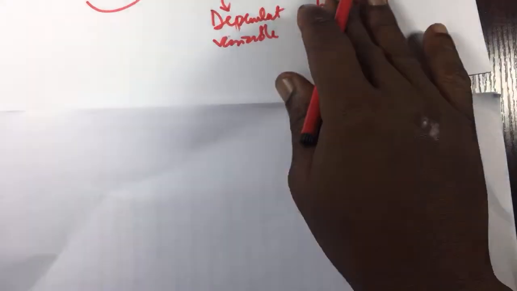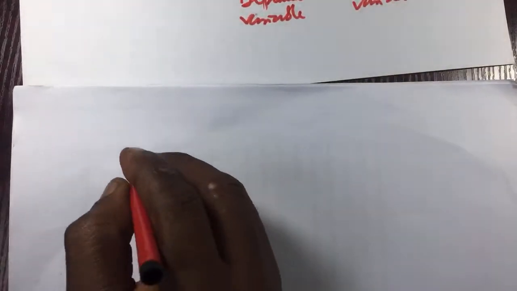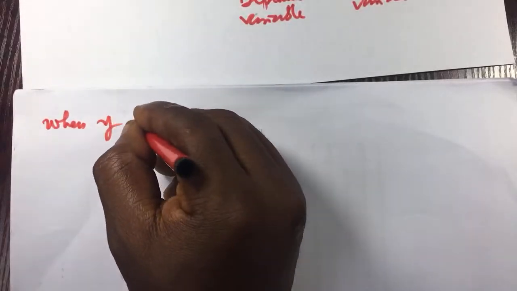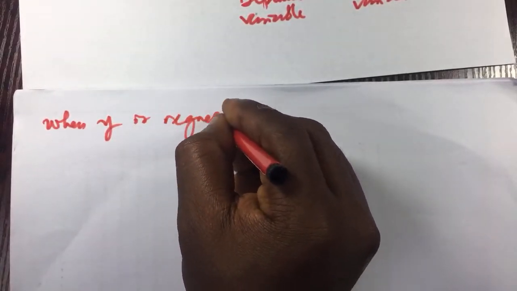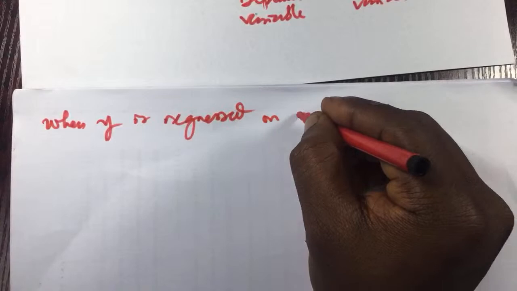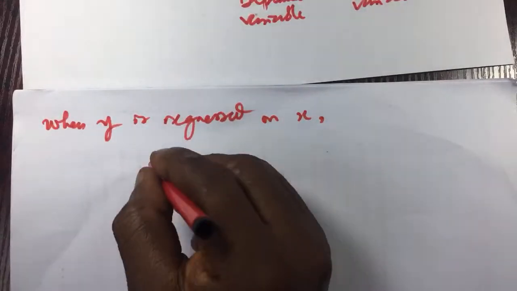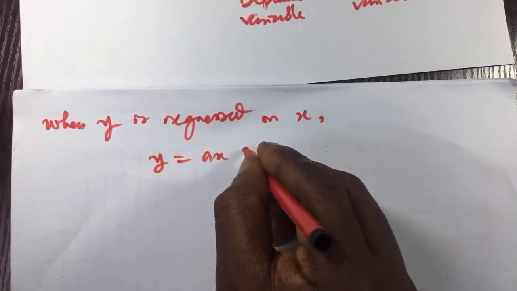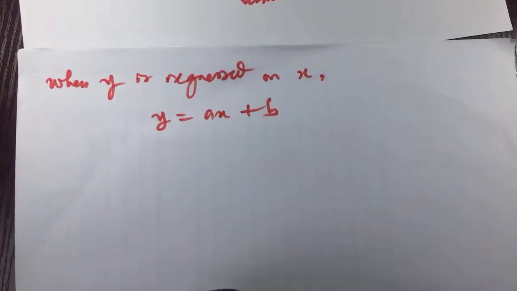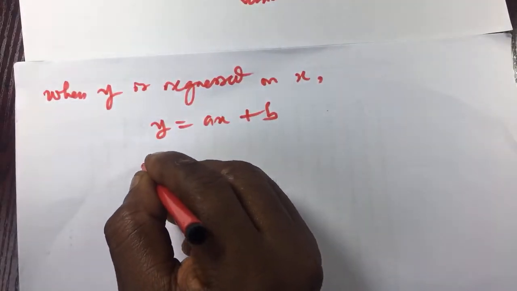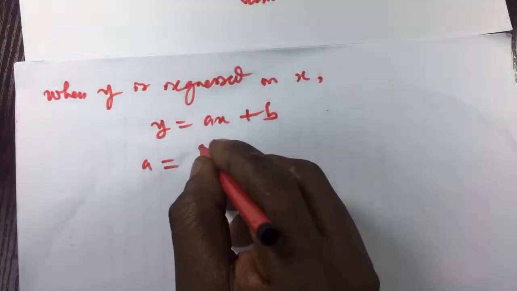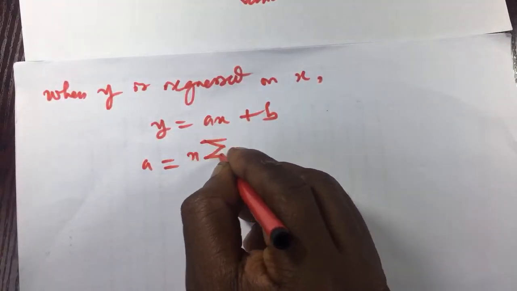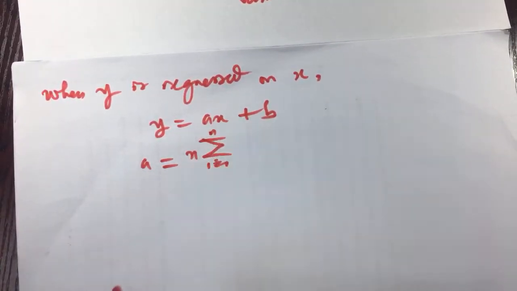When y is regressed on x, y equals ax plus b. Now, what was your a?